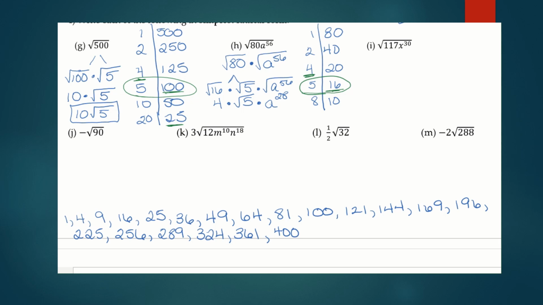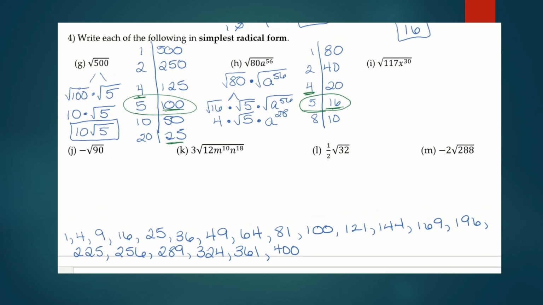And the reason for that is if we think about our monomial rules, a to the 28th times a to the 28th, we keep the base of a, and according to our rules, we would add the exponents together, which would give us 56. So the same thing being multiplied by itself produces that perfect square.